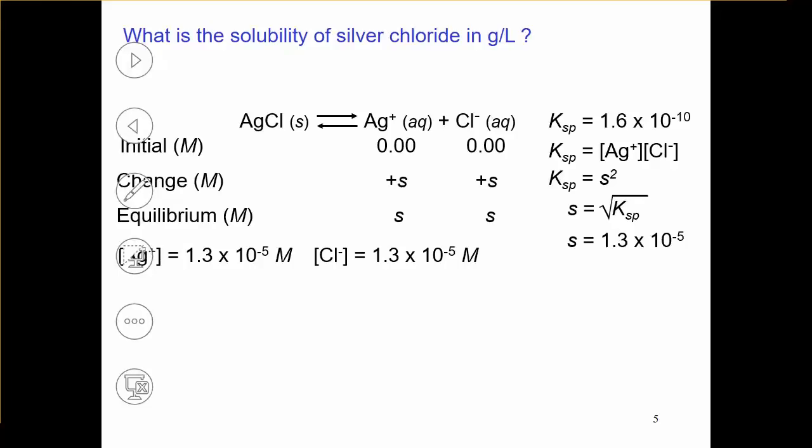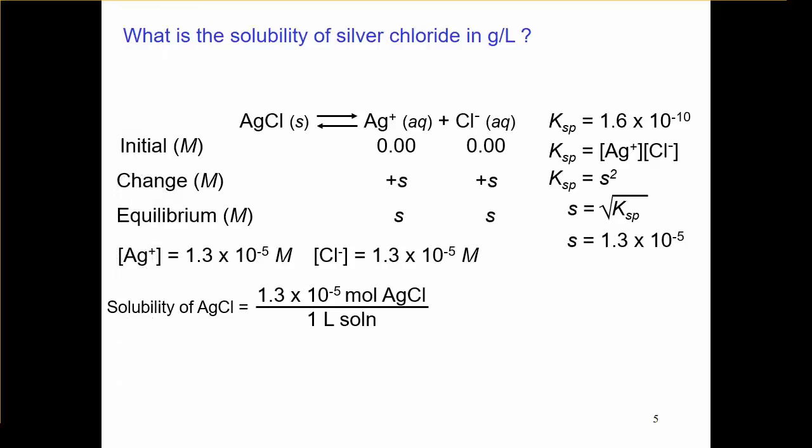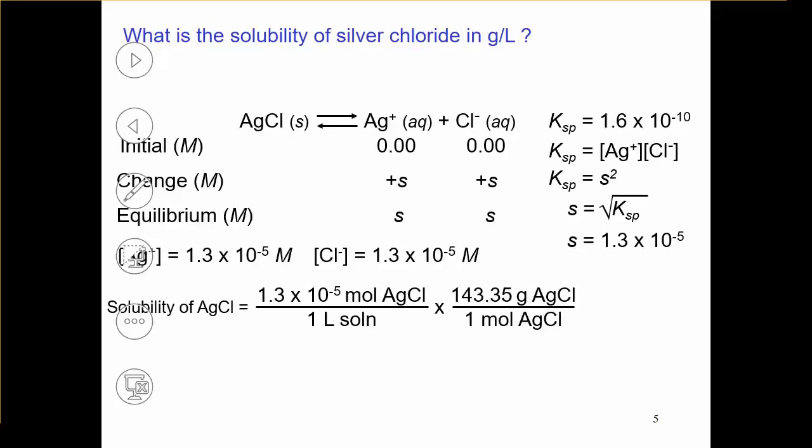By putting in S in our RICE table at equilibrium, we get those. So the solubility of silver chloride would be 1.3 times 10 to the negative 5 moles per liter. This is molar solubility. But that's not our answer, because we don't want it in molar solubility. We want it in grams per liter.